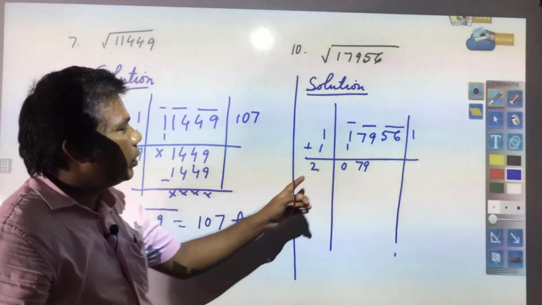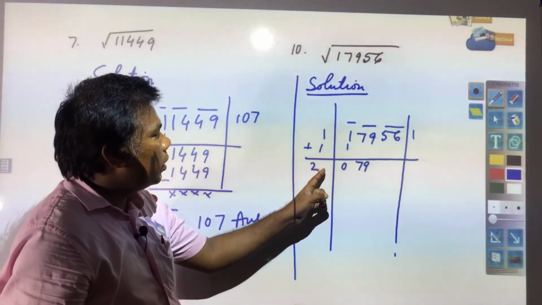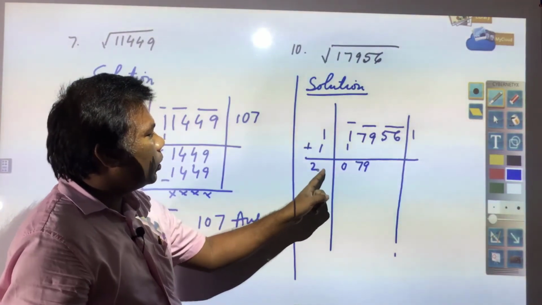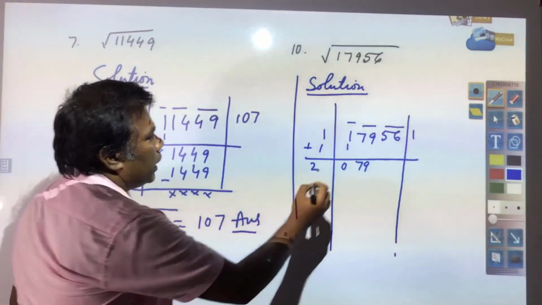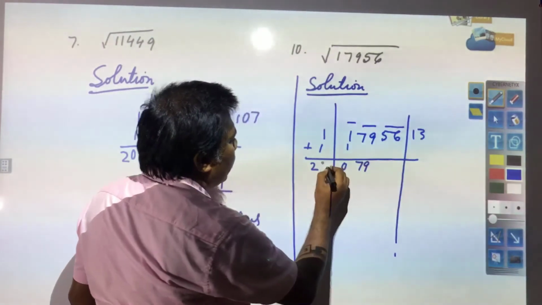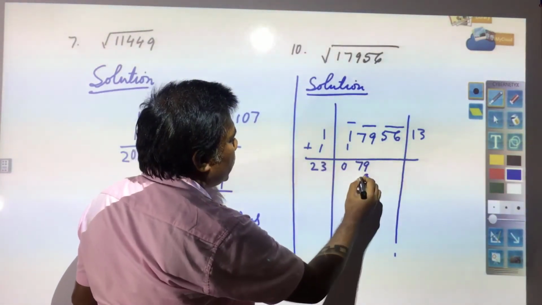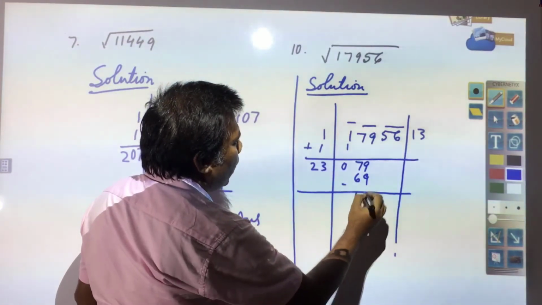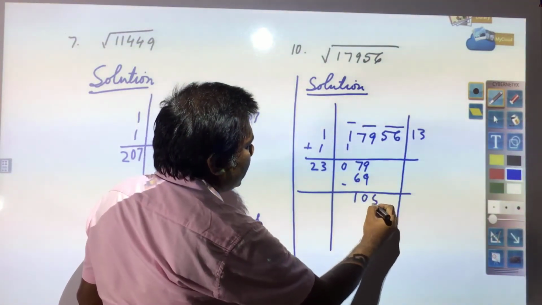Now, how many times it will go? 3 times if we are doing 3 3s are 9 and 3 2s are 6. Yes, 3 times it will go. You subtract this 0 1, next period you have 56.